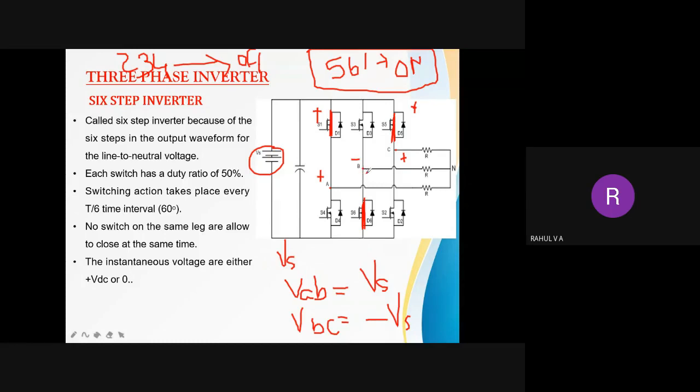B is more negative than C. So we have to write minus Vs. And the next one is VCA, voltage at C with respect to A. We know that both are of positive polarity and of the same potential. So if you measure the potential difference, it is actually 0 volt.